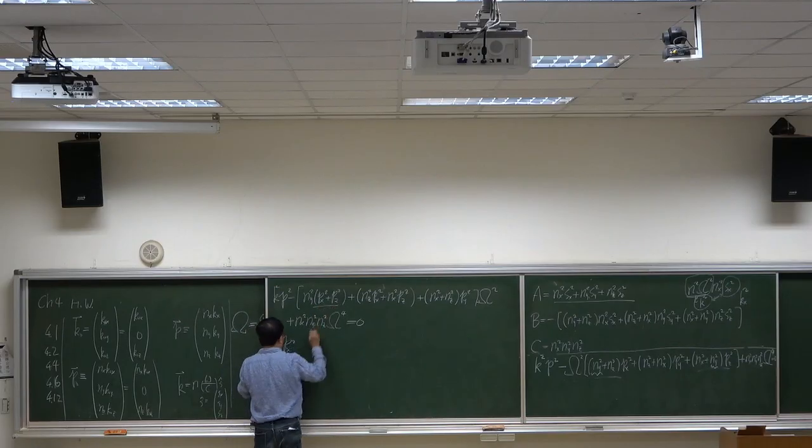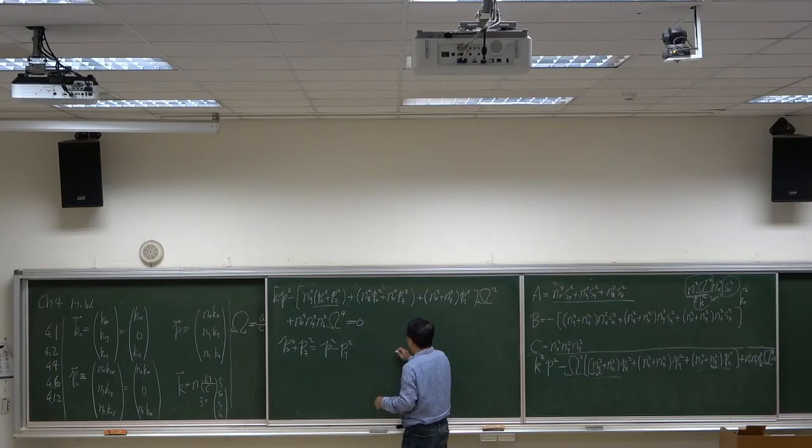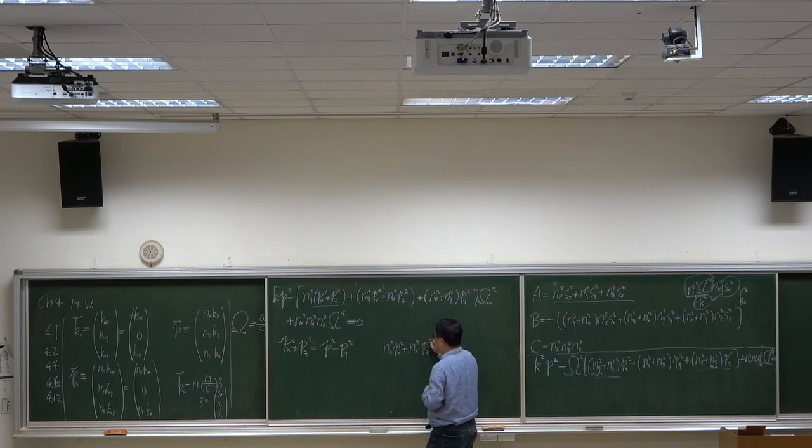So now, px squared plus pz squared is p squared minus py squared. And what is nz squared px squared plus nx squared pz squared?